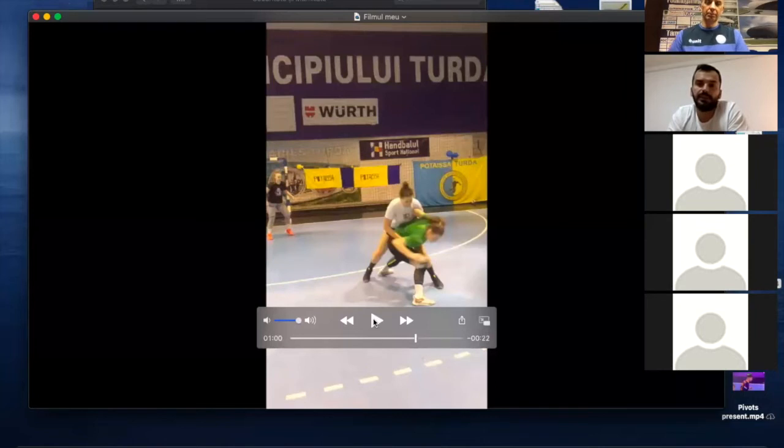It's not a good bounce, so it's very important to feel, to stay low, to go low, and to rotate, to twist, and to feel the weak part of the opponent.